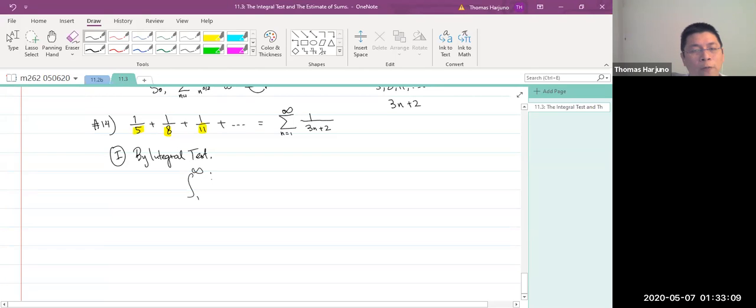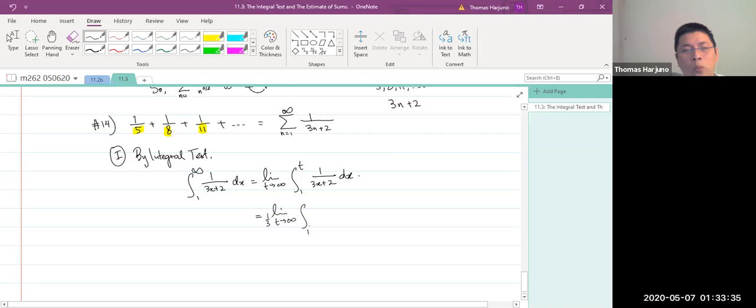This is 1/3 times the limit as t goes to infinity of the integral from 5 to 3t plus 2 of 1/u du, where I use u equals 3x plus 2.